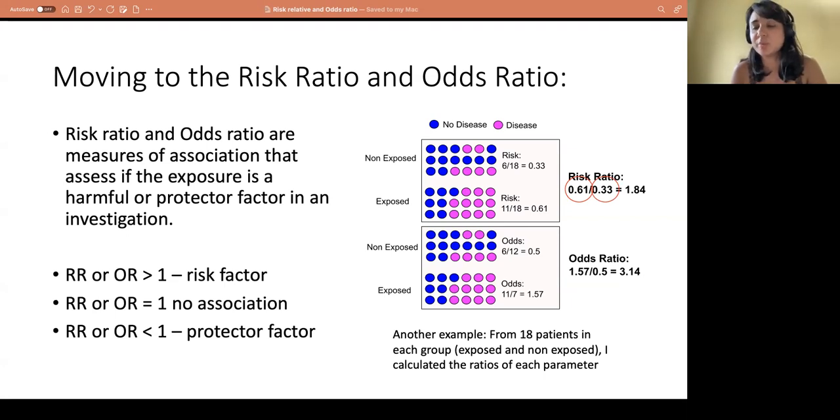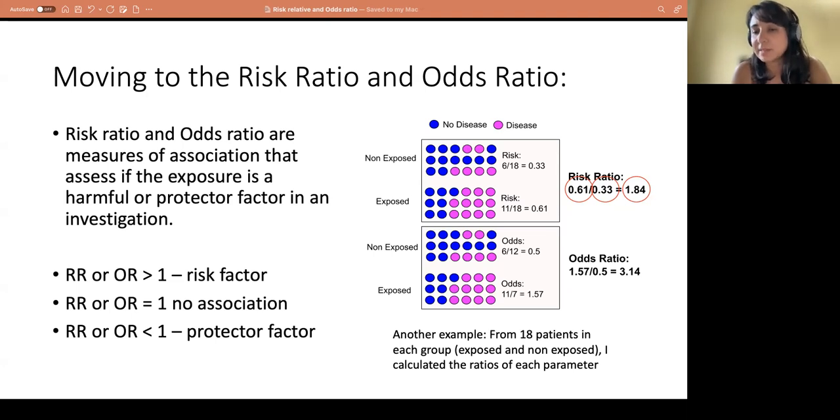So the ratio between the exposed and unexposed group is 1.84, meaning that the patients exposed to the risk factor have an increased risk of 84% to develop the disease.